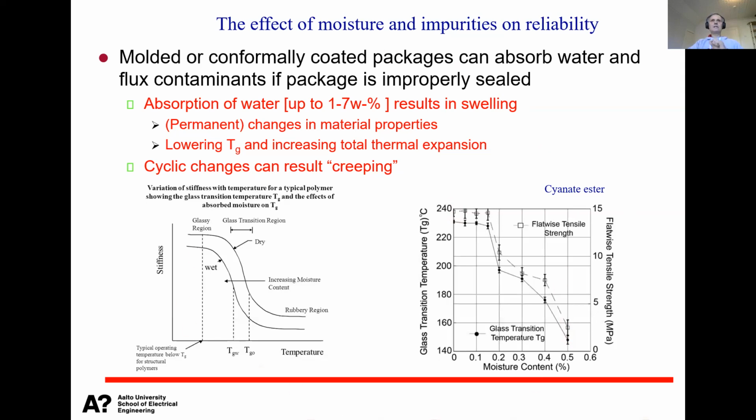So these two diagrams, if you remember the idea, it's really important. You see how small amounts of moisture absorbed can drastically change the mechanical properties. And we know that some organic materials like epoxies can absorb much more than 0.5%.